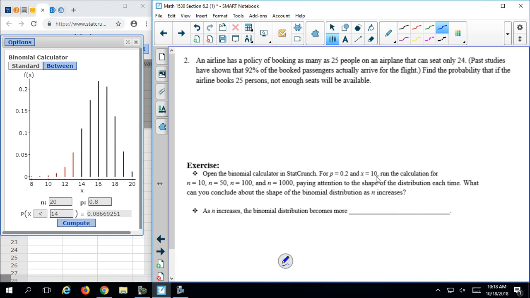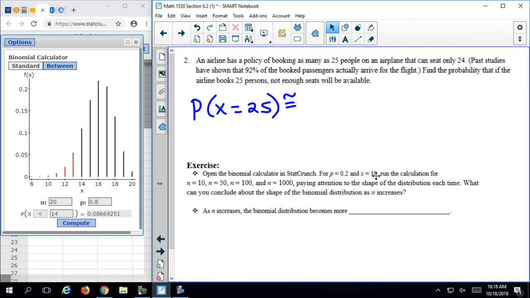So, how many people would have to show up in order for not enough seats to be available? All of them, right. So this is the probability that x equals 25. So in the calculator, n is 25.